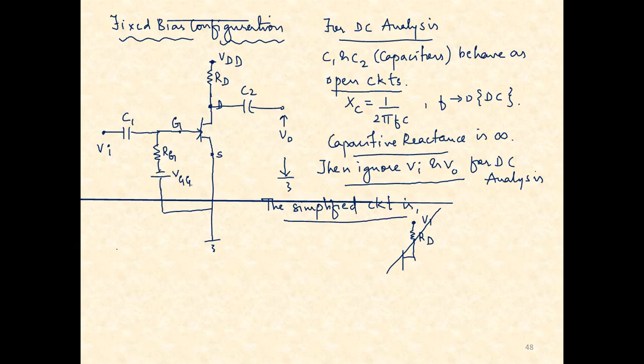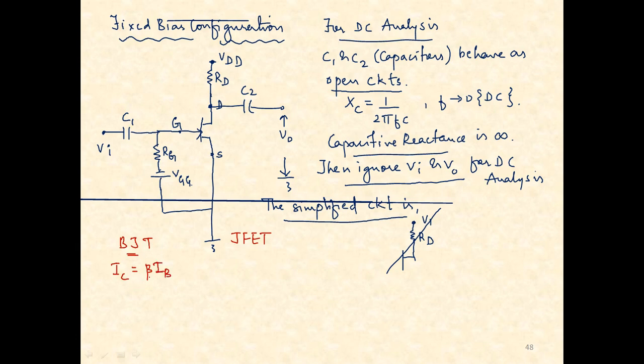One important point here is that with respect to a BJT and a JFET, the main expression for the output current, IC, where IC stands for the collector current, is IC equal to beta into IB.